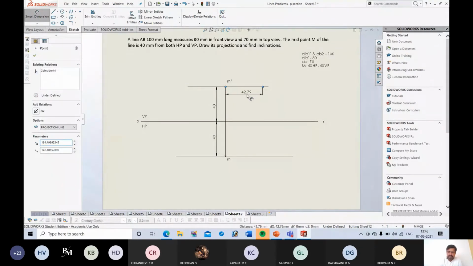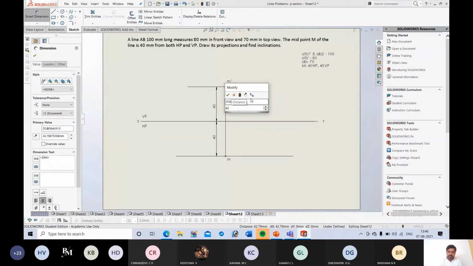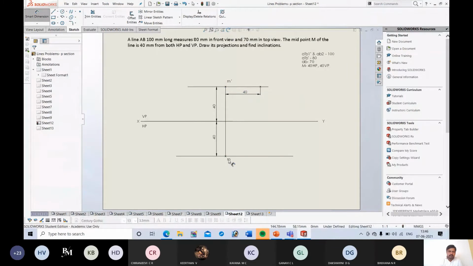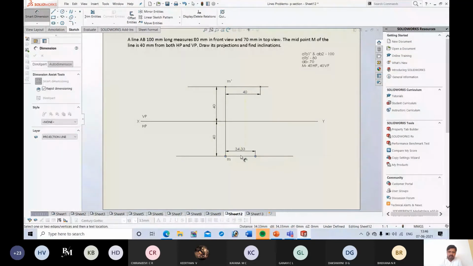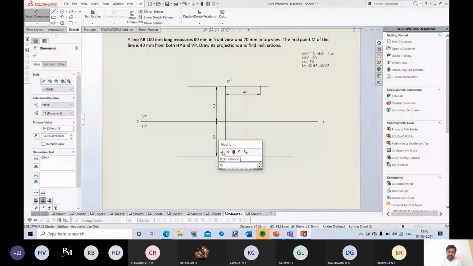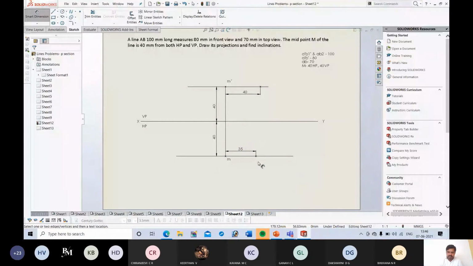So it is 40. Next, I will mark the top view on the locus of M, that is 35. Based on the concepts which we discussed earlier, we are doing this.